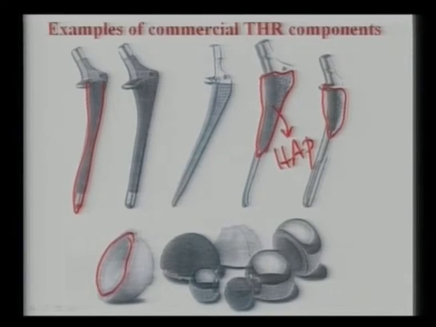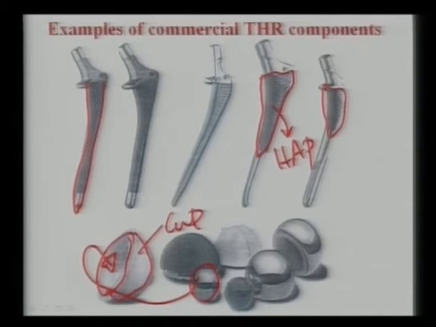Now these are examples of the acetabular cup, which is typically used in total hip replacement, and this cup can house this kind of femoral ball. So this can be directly fitted inside this acetabular cup during the total hip replacement operation.